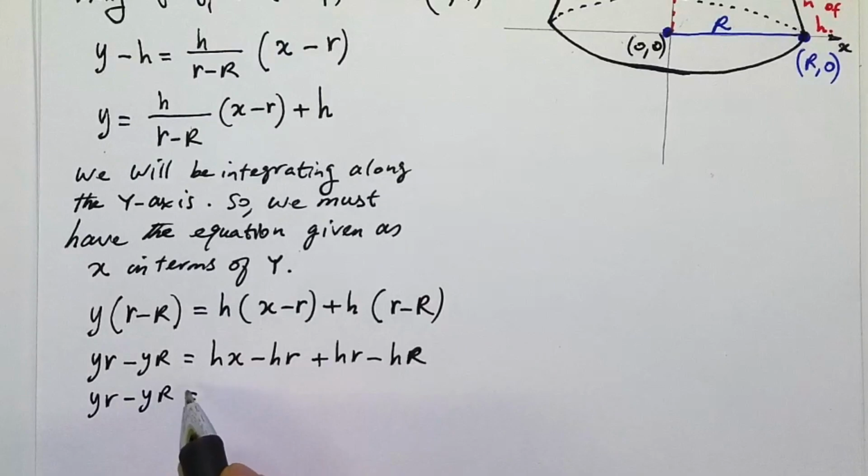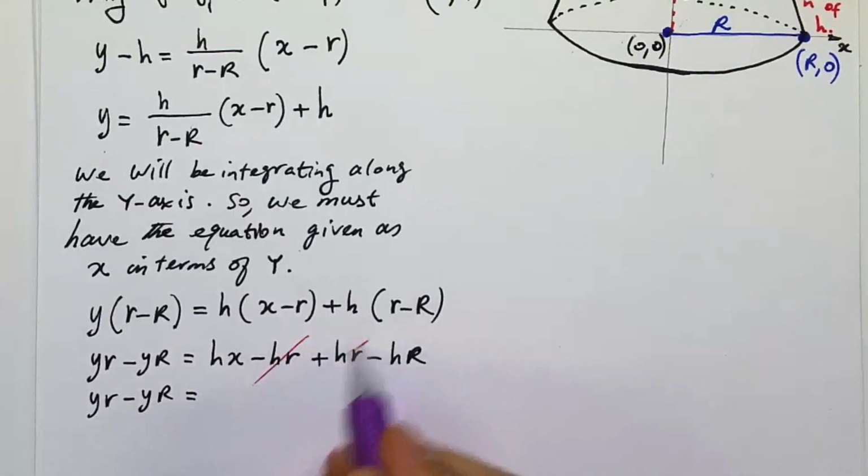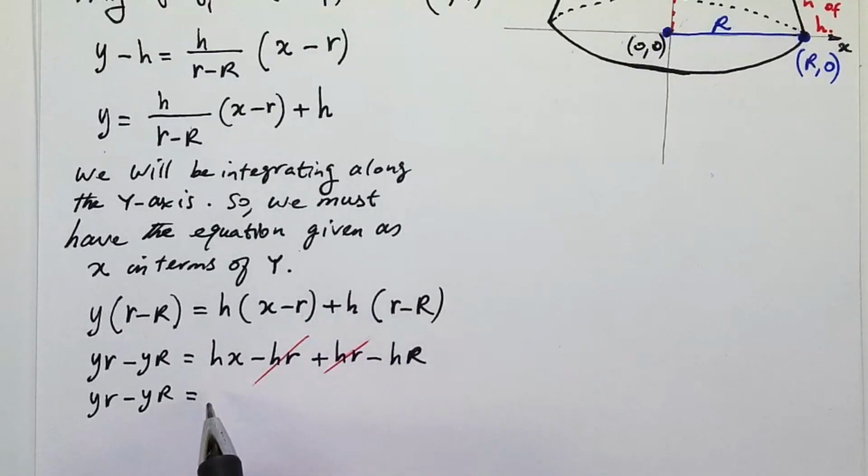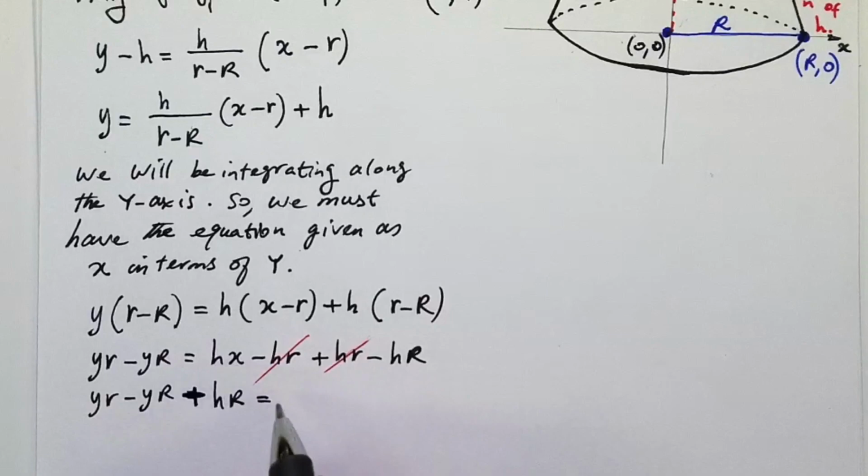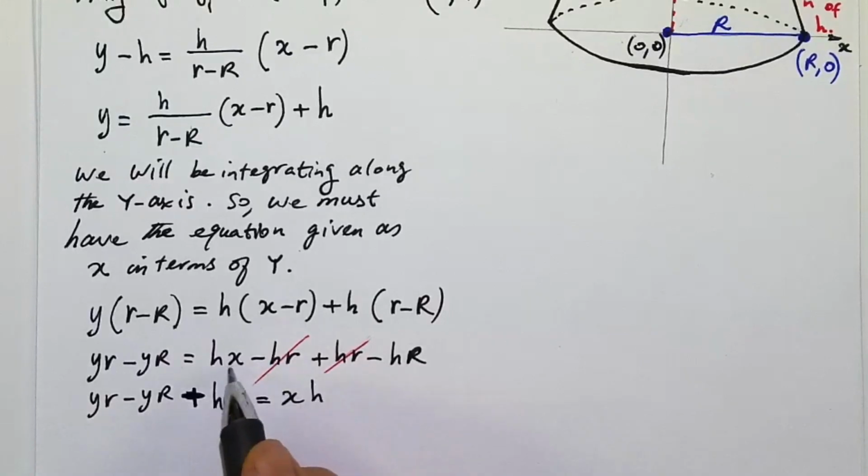And then these two will cancel, right? This term and that term will cancel, and we end up with this plus hR equals xh, right?